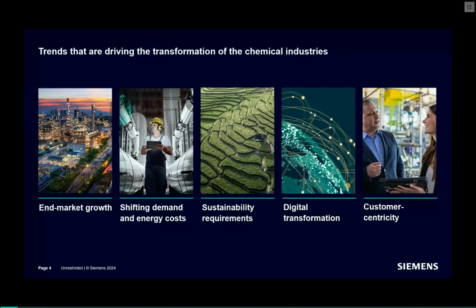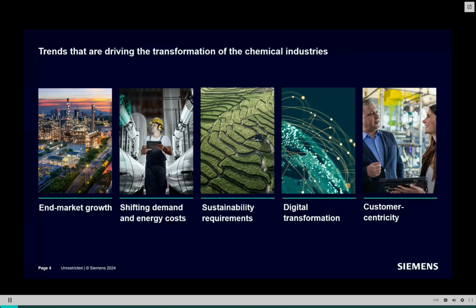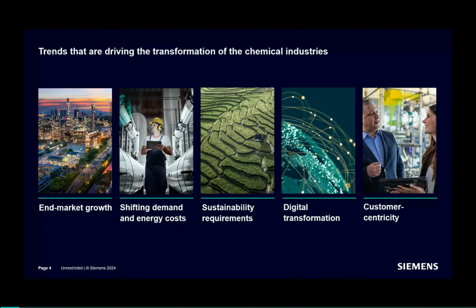But just to kick us off, I'd like to remind us of some current trends that are dominating the chemical industries, just to understand how we can navigate around those and how digital technologies can play a role in that. So starting with the end market growth, despite general underperformance of the chemical market recently, in 2024, we've seen quite a strong outlook for CapEx projects, particularly related to green technology development.